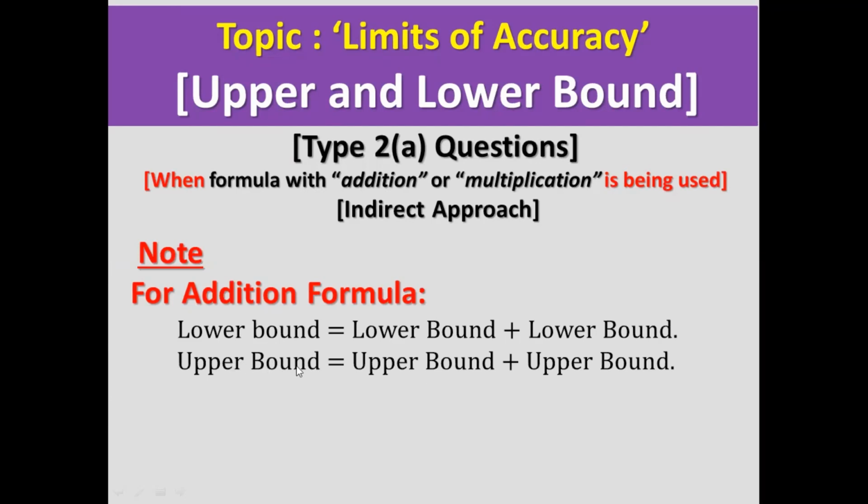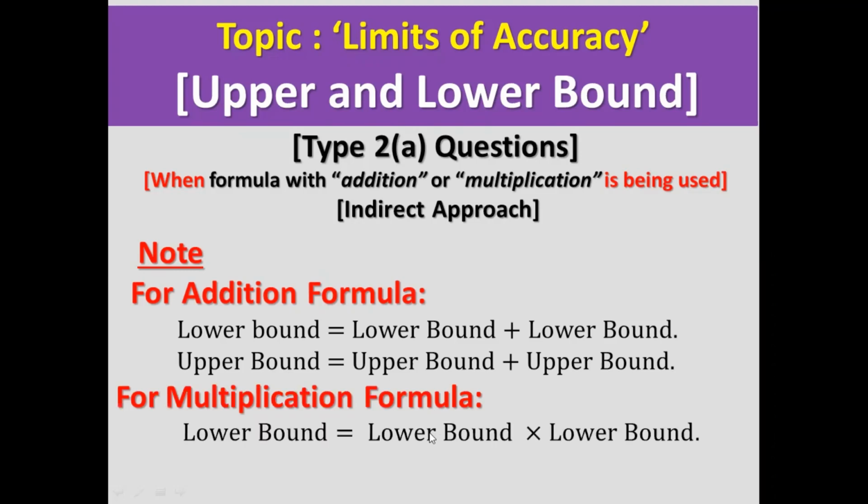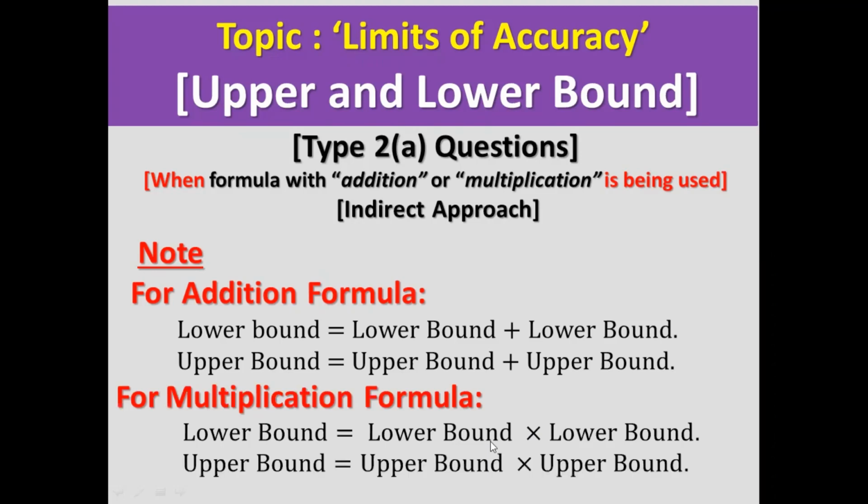If you have to find upper bound, all values will be the upper bound. And for multiplication formula, if you are going to find lower bound, the product of all values must be lower bounds. If you are going to find upper bound, the product of all values must be upper bounds.